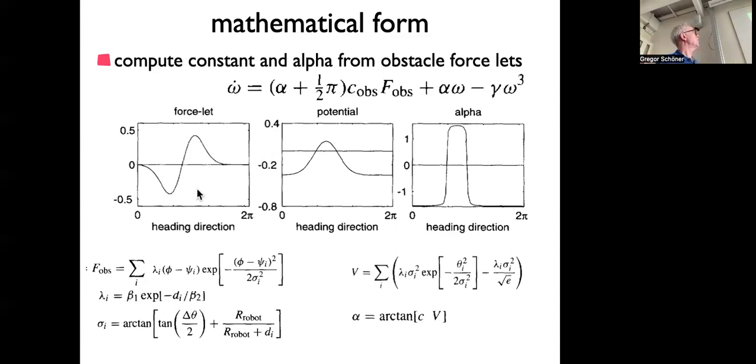So we're transforming this, sort of by squaring it, we call it the potential summation. We can just detect whether there's an obstacle at all. We did this with this alpha factor, just compute it, integrate this, you get that, and then you take a sigmoid on that. We use the arctan, and that's just an indicator function that in these directions there is an obstacle that is relevant, in these directions there isn't.